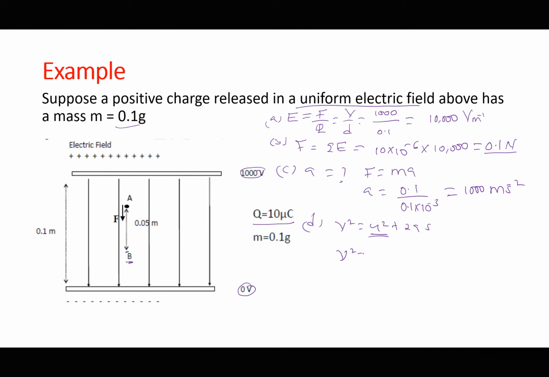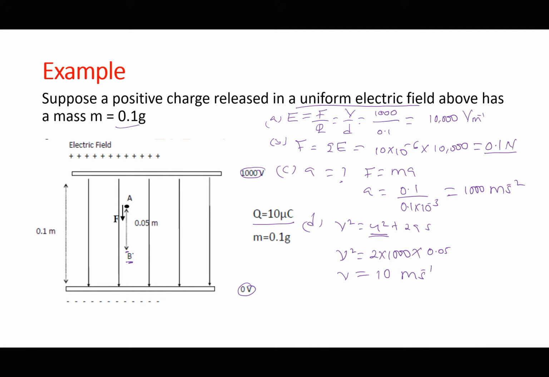Therefore, V squared is going to be equal to U squared, which is 0, plus 2 times acceleration, which is constant 1000, times the displacement between A and B, which is 0.05. Because this is 2000 times that, which is 100, finding the square root gives me V equals 10 meters per second. So that is the speed with which it reaches point B.